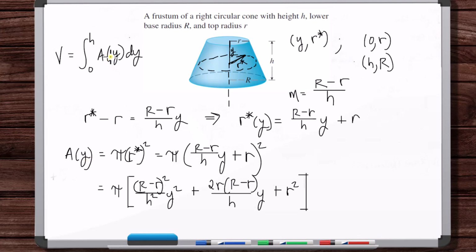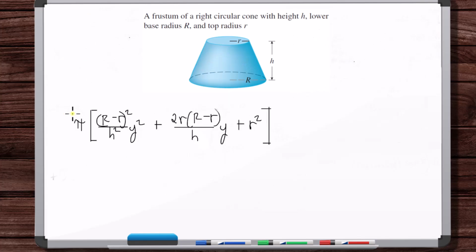So now all we've got to do is integrate A of y with respect to y from 0 to h. All right, so we can bring the pi out front of the integral, from 0 to h. And there we go. That's the volume of this solid here. So capital R, lowercase r, and h are constant. I mean, they aren't functions of y. So this looks complicated, but we really just need to focus on the y terms, integrating the y terms.